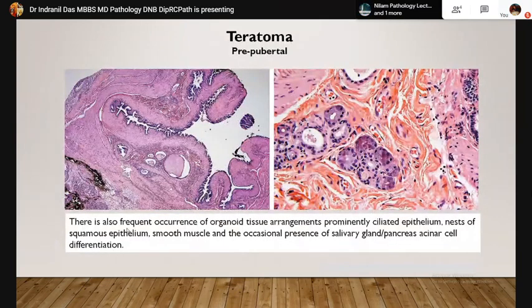There is also frequent occurrence of organoid tissue arrangement, prominently ciliated epithelium, nests of squamous epithelium, smooth muscle, and occasional presence of salivary gland or pancreatic acinar differentiation. This zymogen granule shows pancreatic acinar differentiation.